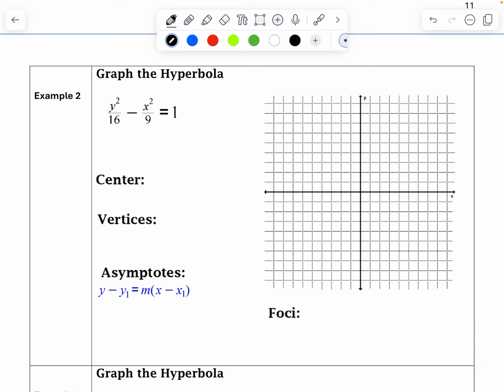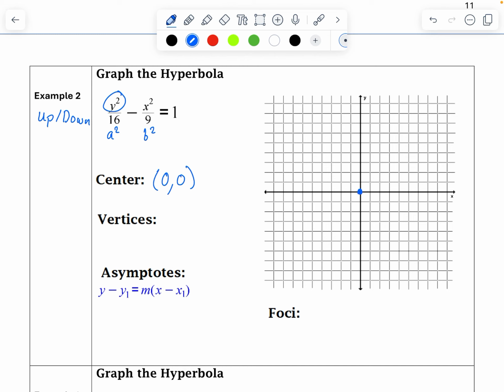Now we're going to graph a different type of hyperbola, because notice y squared is our first part. So this one is going to go up and down rather than moving left and right. A squared is still the number that comes first. B squared is the second number. So from this one, our center is 0, 0. Our vertices will come from the a value after we mark those.